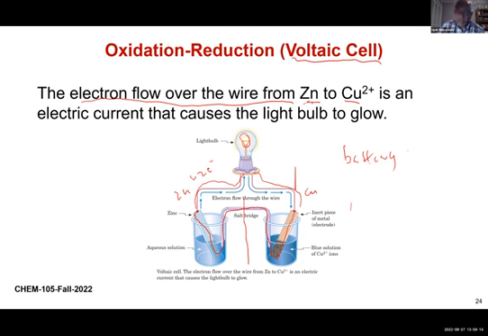So there are many types of battery. This is the first battery that we discovered, the voltaic cell. This particular battery is called a voltaic cell. This is a wet cell battery. What do you mean by wet cell? These are liquids.